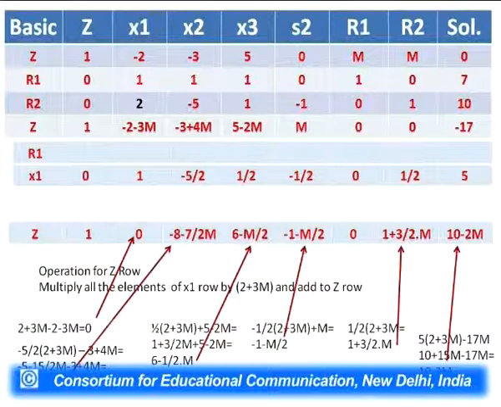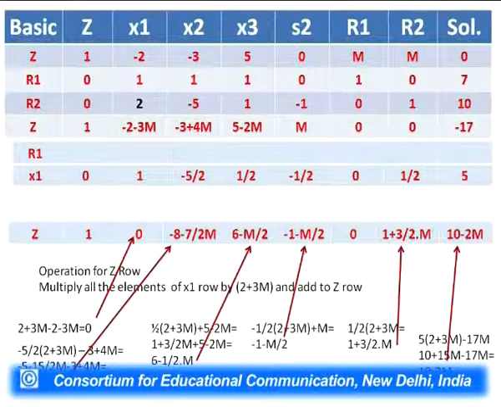The last but one, R2 also is calculated: 1 by 2 within brackets 2 plus 3m equal to 1 plus 3 by 2m. This is the result which has been transferred to the z value.